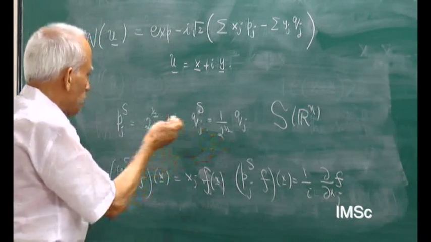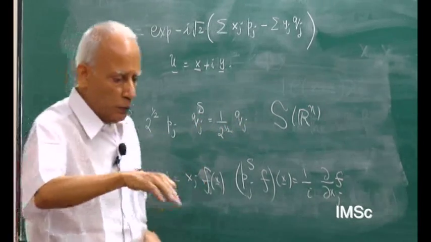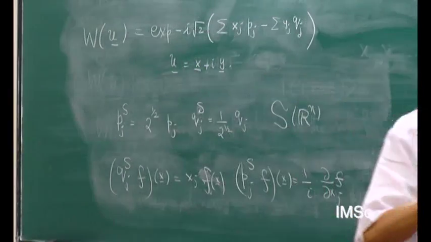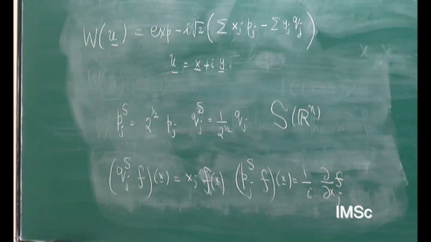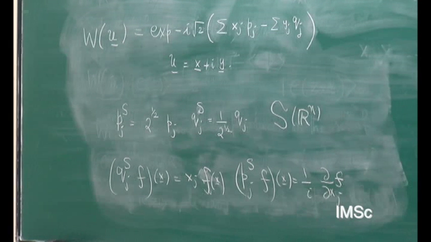There is only one scaling factor which is different. So P_j, Q_j can all be considered on the common core, all the linear combinations of P_j, Q_j have a common core in the Schwartz space.